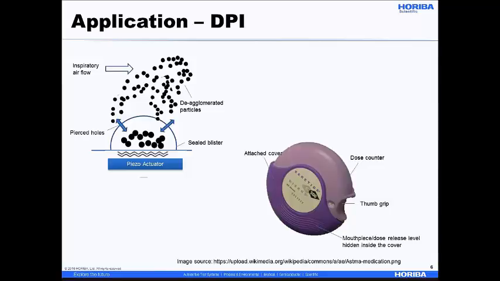One application we can look into is the dry powder inhaler. This dry powder inhaler is much better, much easier and much less irritant to use compared to the metered dose inhaler. If you ever used the metered dose inhaler, it's the inhaler that you have to hold upside down and press, and you inhale it.